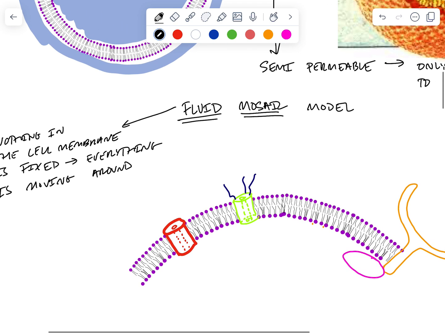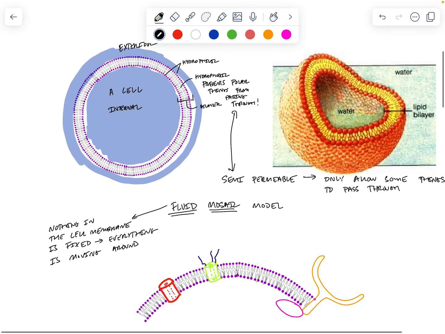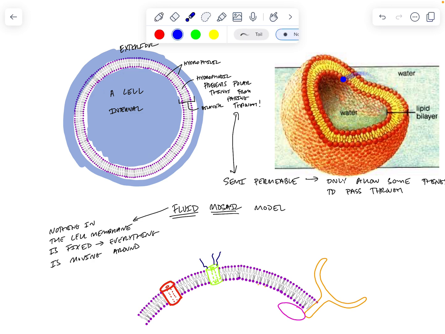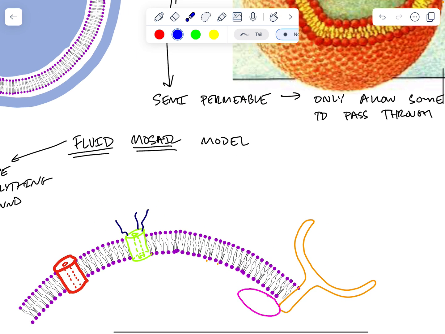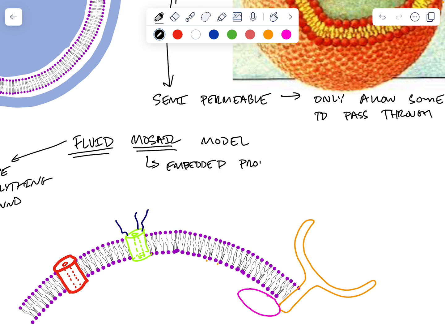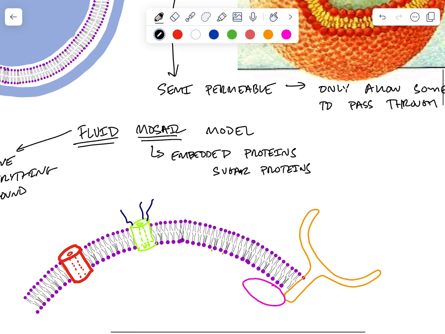And then we call it a mosaic because unlike this simplified cell here and here, they're not just phospholipids that make it up. They're also embedded proteins and glycosylated proteins, which means sugar proteins, that span the membrane and are embedded within the membrane.